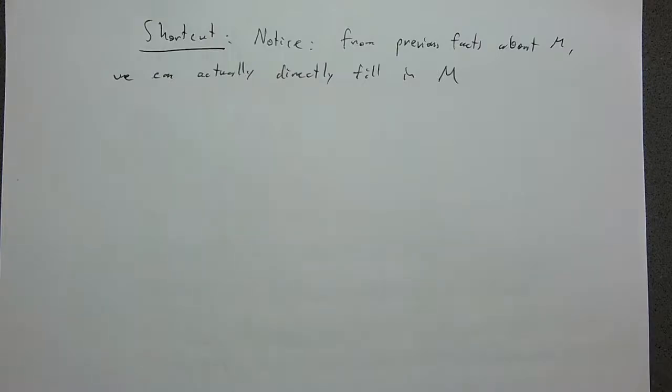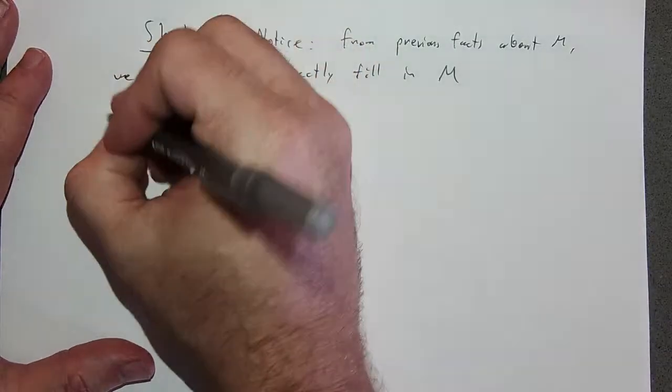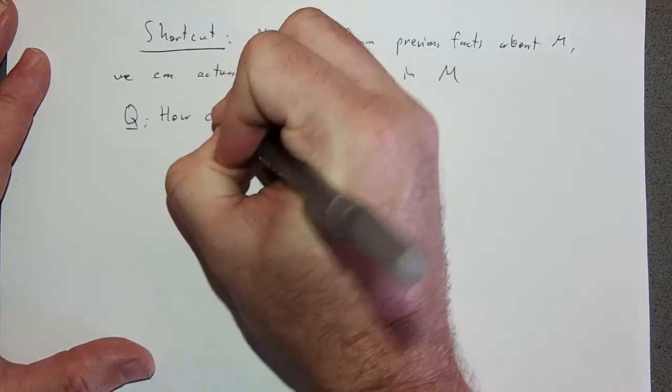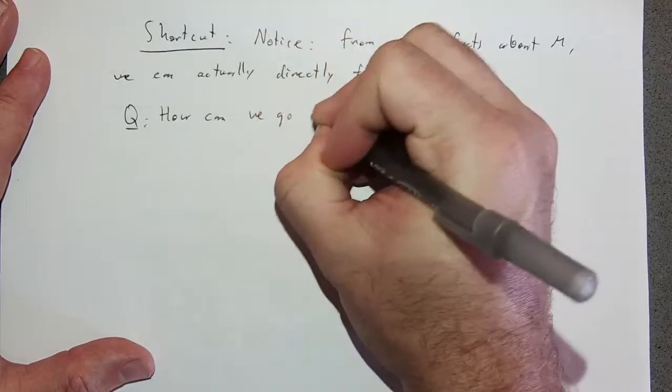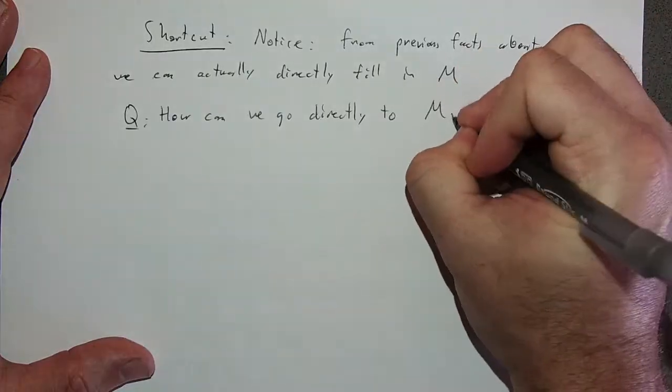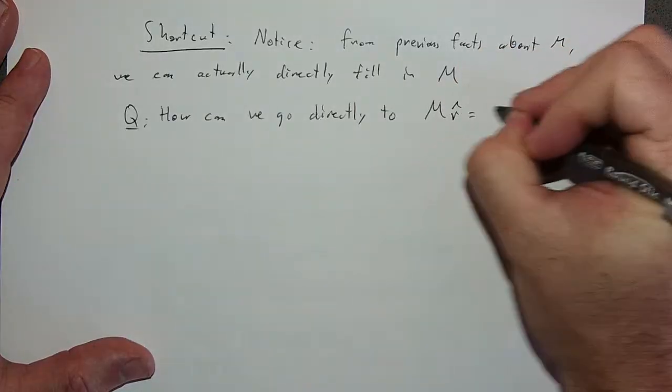But we can directly fill in M. So how can we do this? So the question: how can we go directly to MR equals Q?